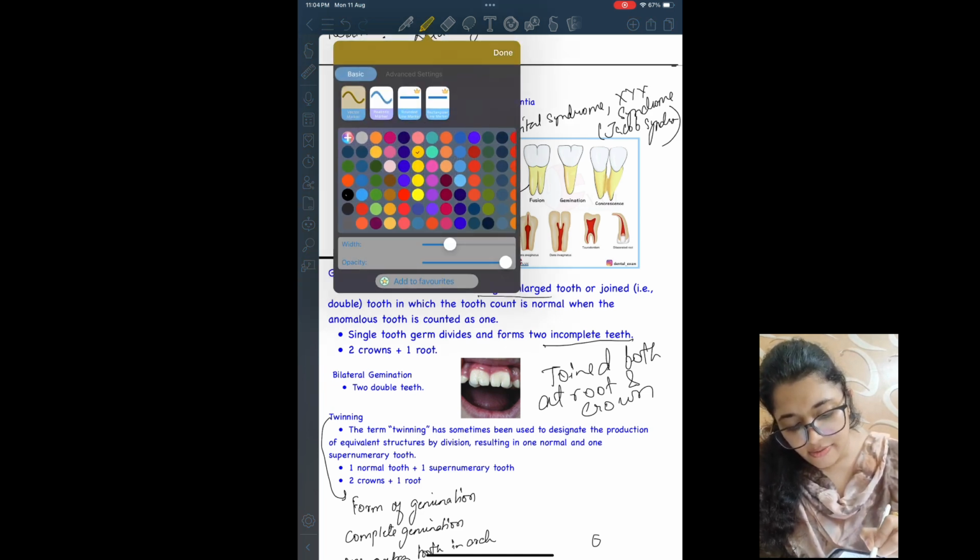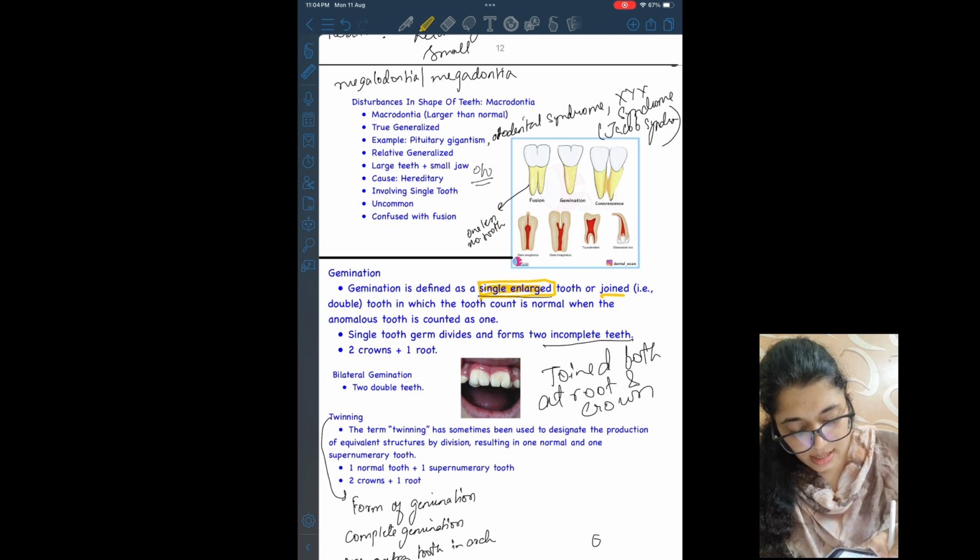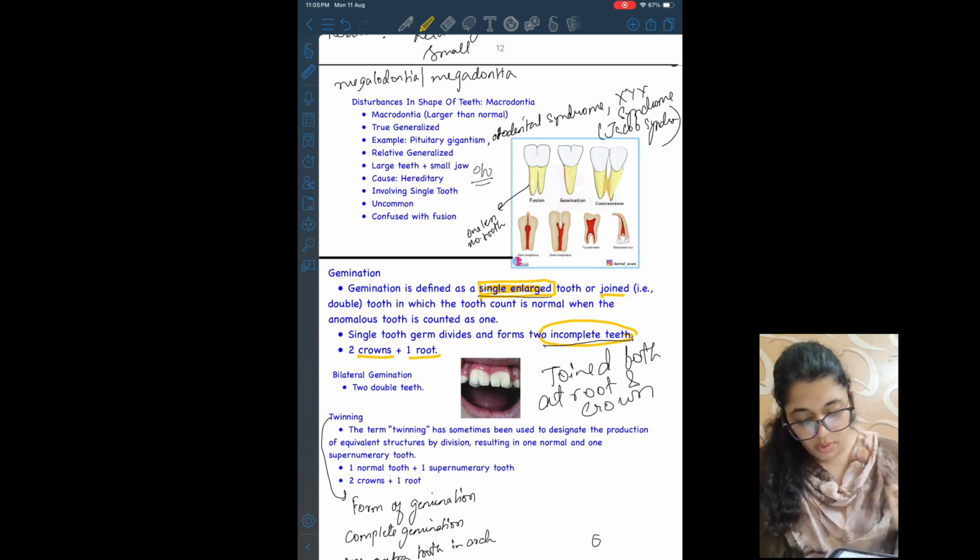Gemination is defined as a single enlarged tooth or joint, that is a double tooth, in which the tooth count is normal when the anomalous tooth is counted as one. A single tooth germ divides and forms two incomplete teeth: two crowns and one root is called gemination.